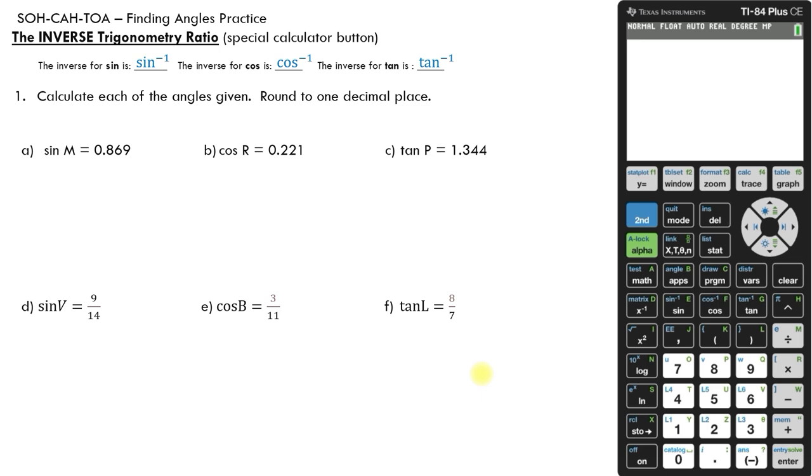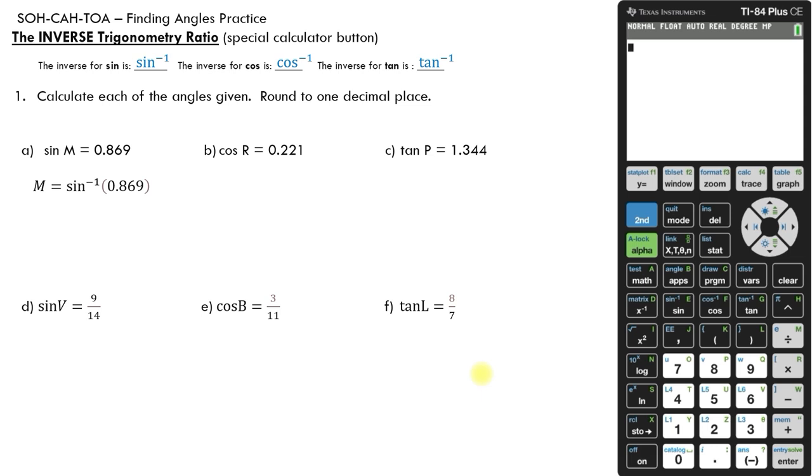Question 1. Calculate each of the angles given. Whenever we're trying to calculate angles using our trig ratios, we need to understand our inverse ratios. 1a says that the sine of m equals 0.869. Well, if the sine of m equals 0.869, then m, the angle by itself, will equal the inverse sine of 0.869.